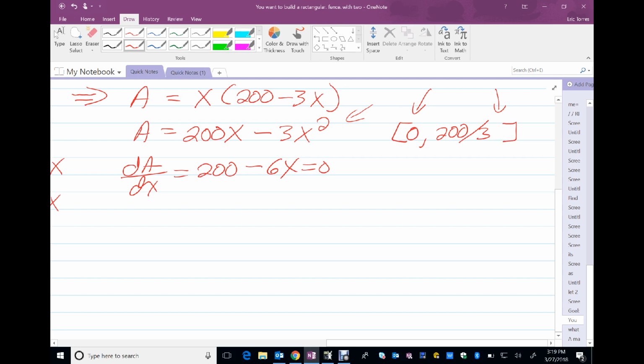So I'm going to add 6x to both sides and divide both sides by 6. 200 over 6 reduces to 100 over 3. Oh, my pen's getting a little wacky.